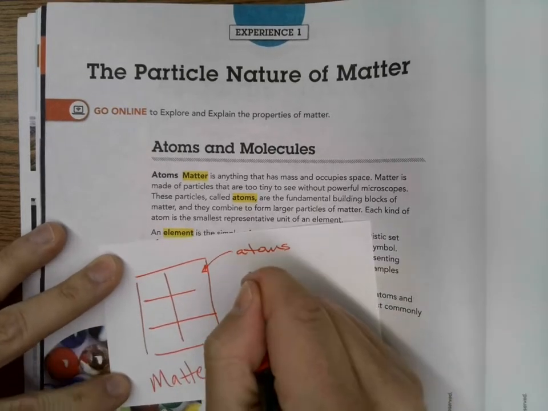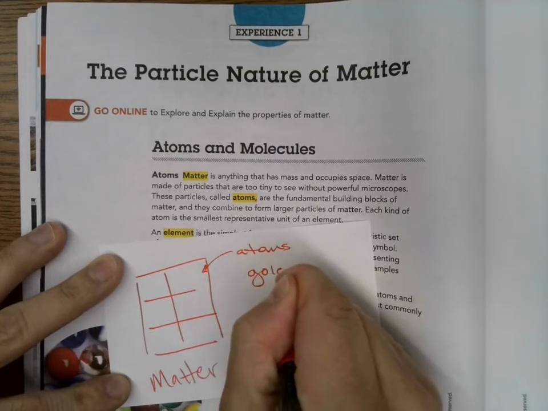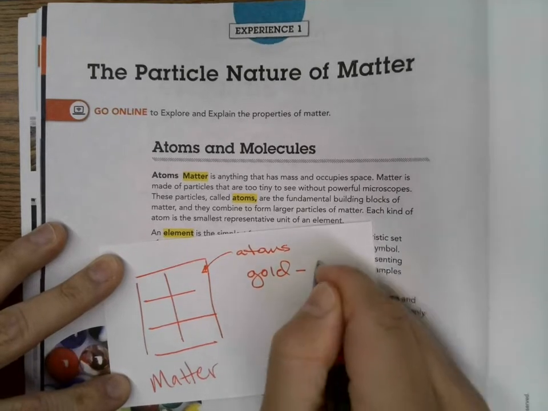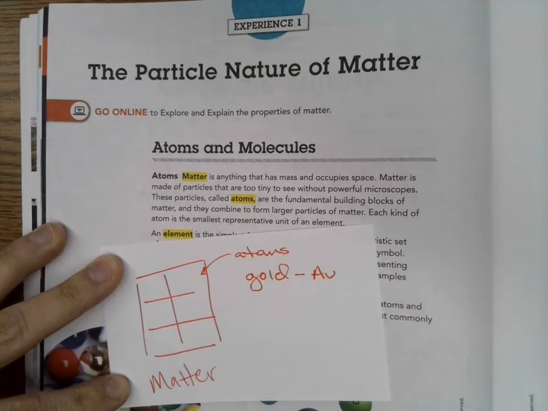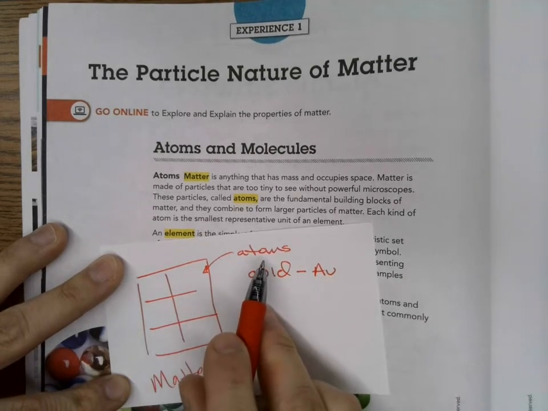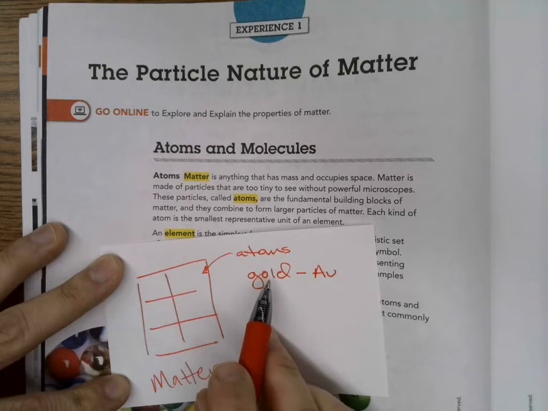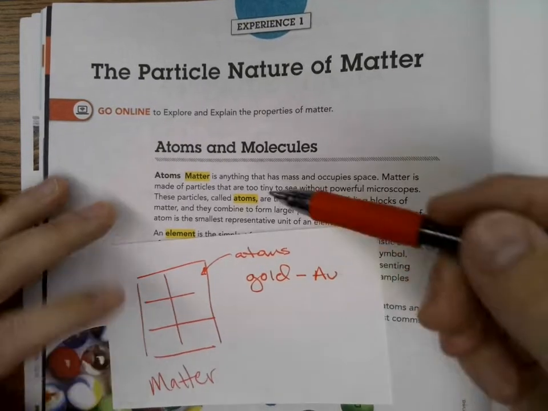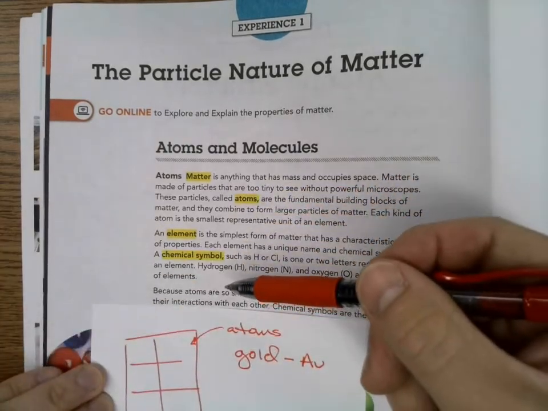Gold is our element. And the symbol for gold is Au. So this is matter. It's made up of atoms, and atoms come in different varieties, such as gold or silver, and we have symbols for those. So that's the relationship between these 4 terms.